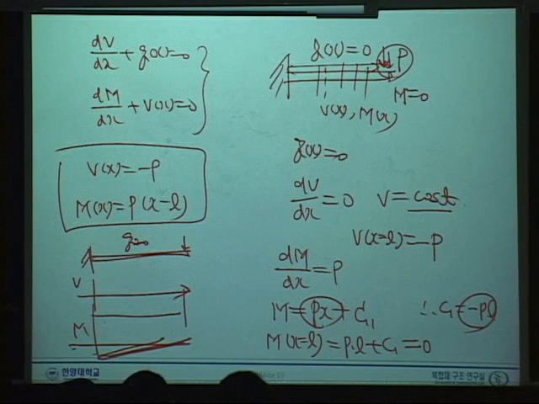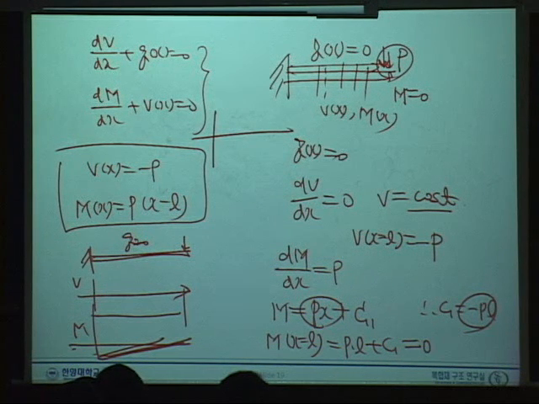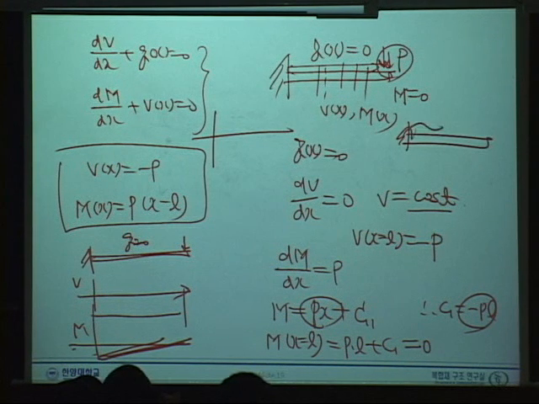If you have a very complicated load distribution like that, sometimes you have a force here, 0 here, and some force there. In each region, for instance here, you don't have any Q, then V is a constant and moment is linear. If Q is linear, then shear force will be quadratic, and moment will be cubic, and so on.